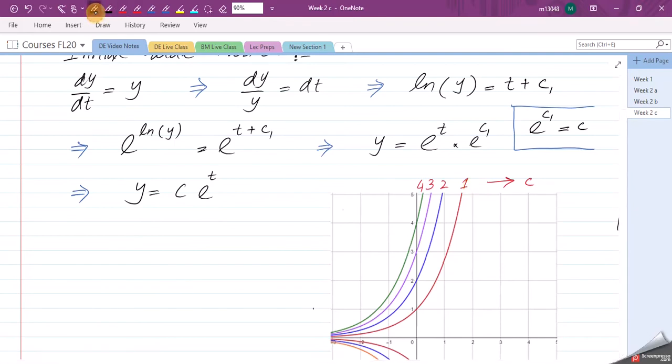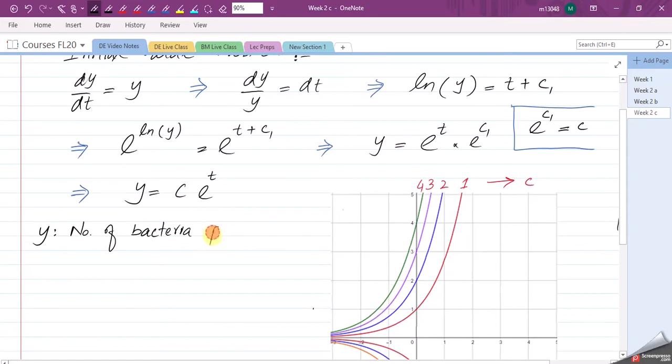Question is, let's say if I tell you that this equation is about population of a bacteria, and I tell you that y represents number of bacteria present in a culture at time t, and t is the time measured in minutes.